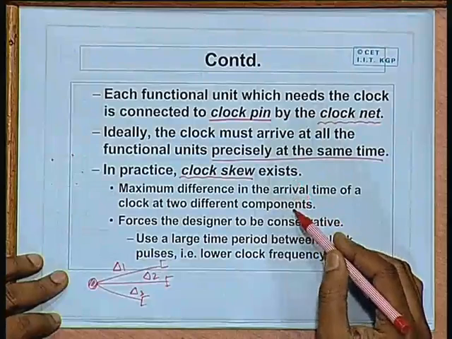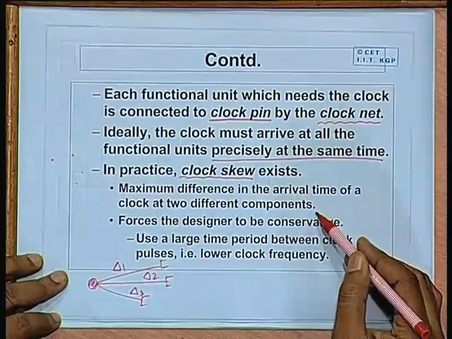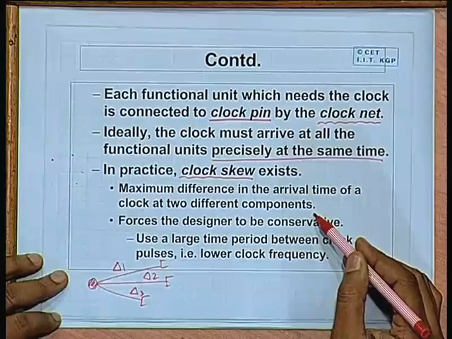So, if there is a clock skew, the requirement is that you will have to estimate the worst case clock skew, the delay variation which is possible, and the effective clock cycle time will have to be enhanced by that.